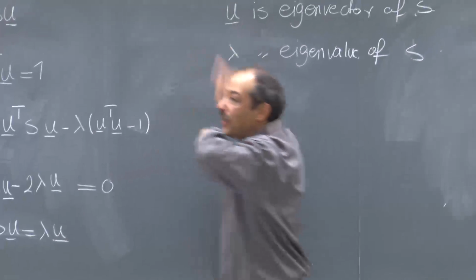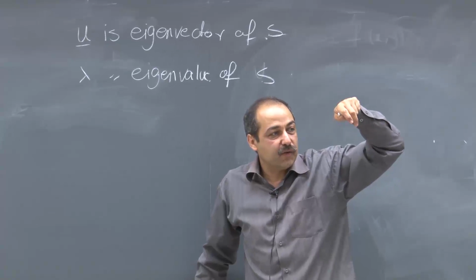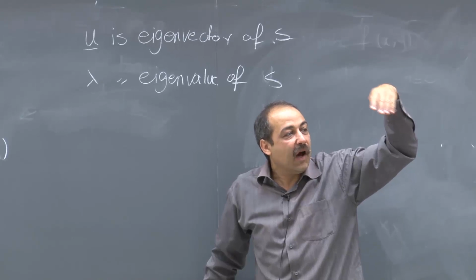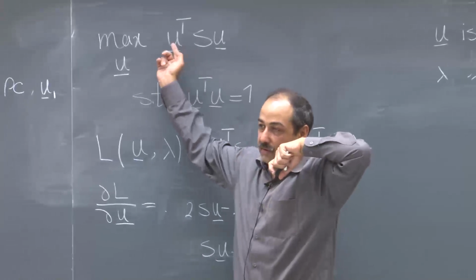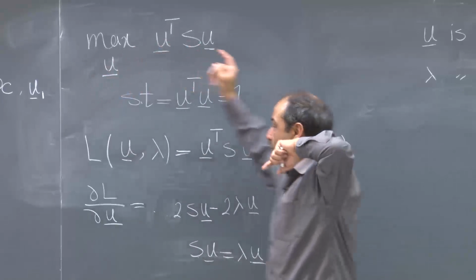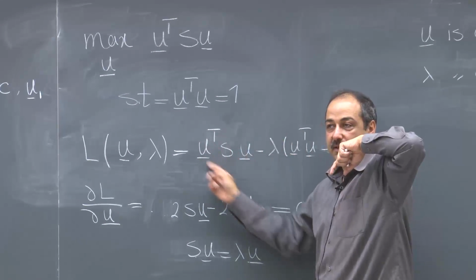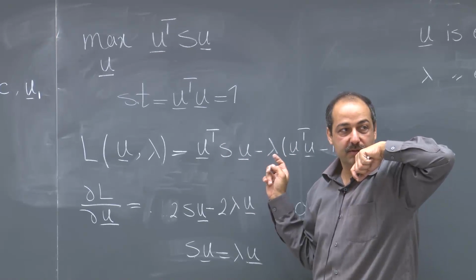But there are many eigenvectors. If S is d by d, there are d eigenvectors and d eigenvalues. And all of them are saddle points. Any eigenvector and any eigenvalue of S is going to satisfy this. I mean, it's going to be a saddle point of the Lagrangian.